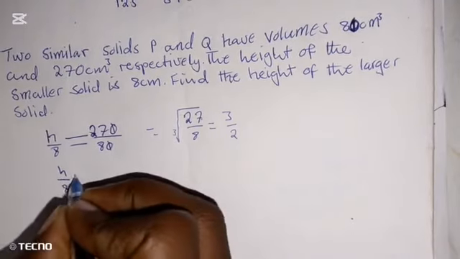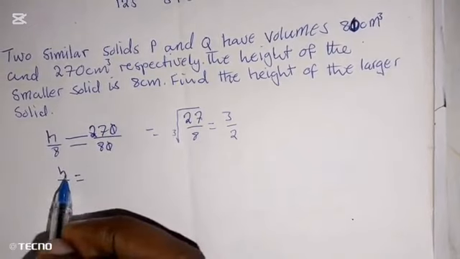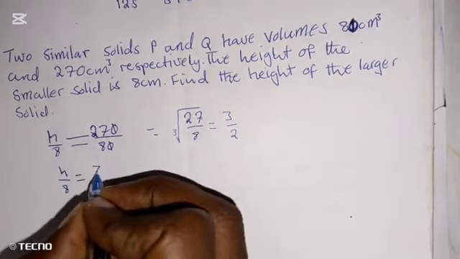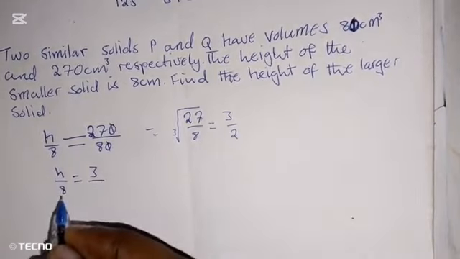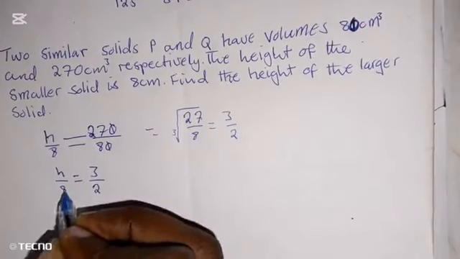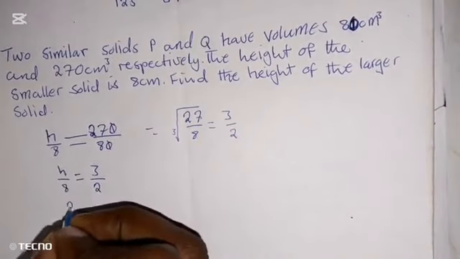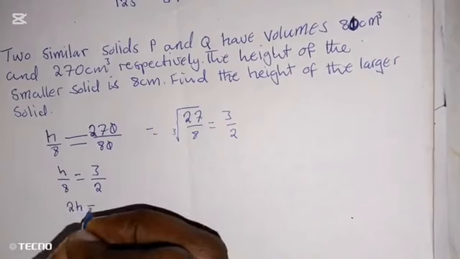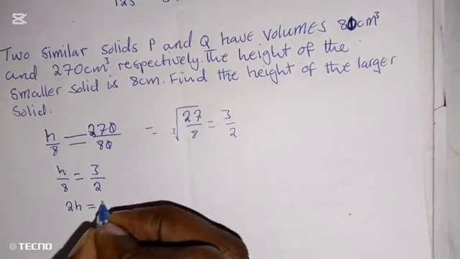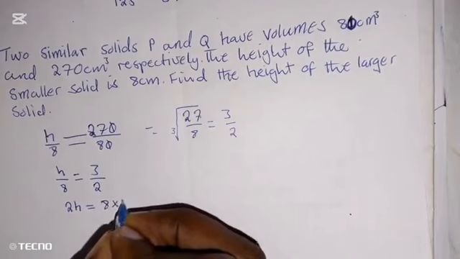So the height of the bigger solid is 3 this side, over the smaller one, 8, we put a 2. Now we multiply this by this, this by this. Once we do that, we are going to have 2h equal to 8 times 3.